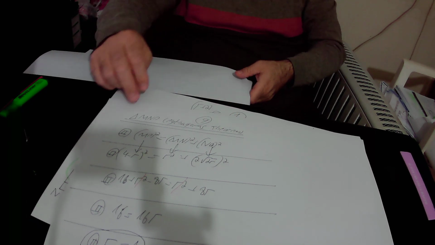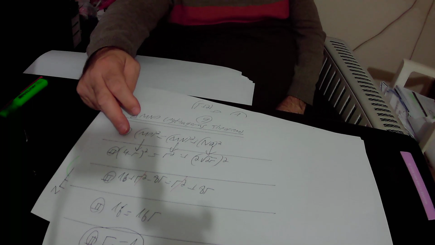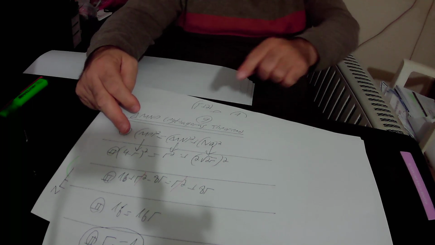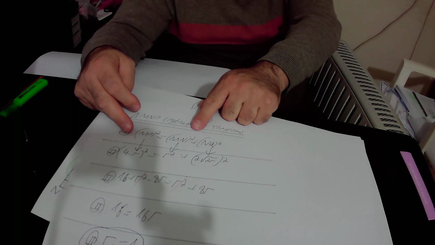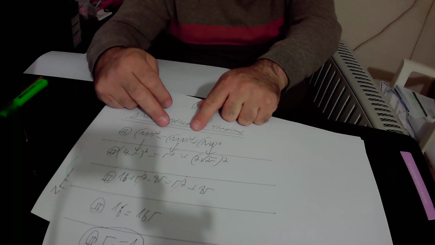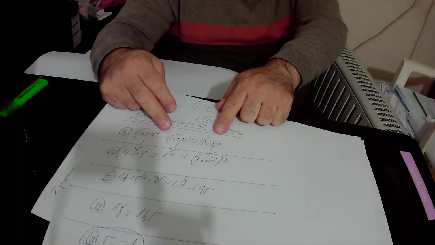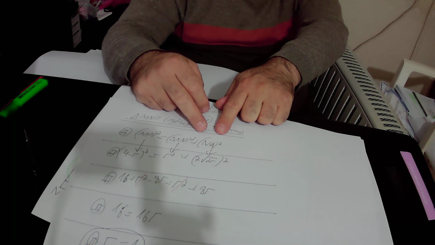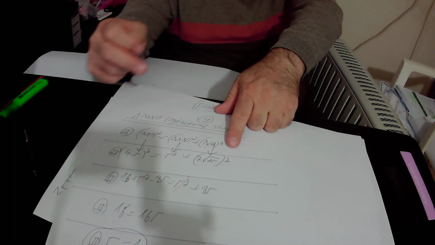We already found out that MO equals 4 minus R. Therefore, MO square will be equal to (4 minus R) square. That equals MN square plus NO square. MN equals R, so MN square will be R square. NO equals 2 times square root of 2R, therefore NO square will be (2 times square root of 2R) square.